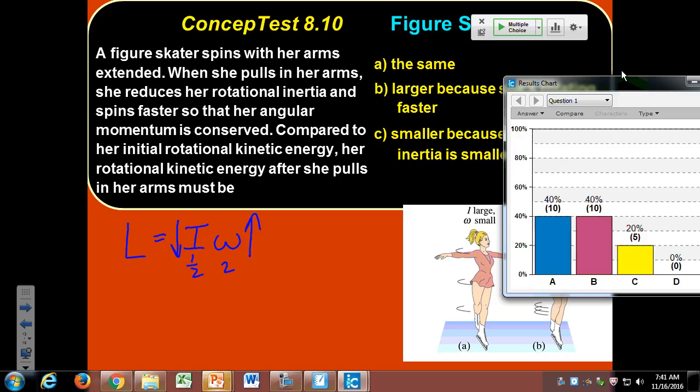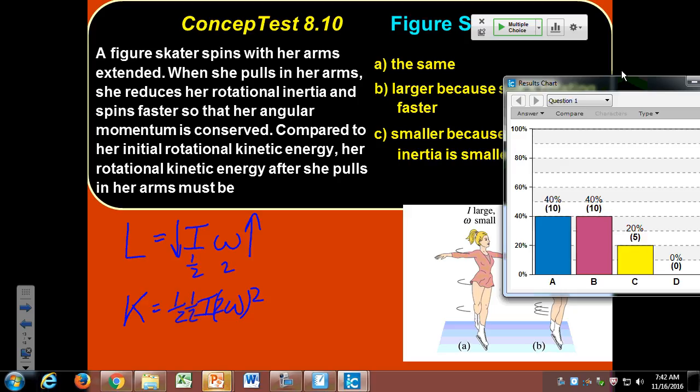And then our rotational kinetic energy is 1 half I omega squared. Now notice, if I goes down by a factor of a half, then omega goes up by a factor of 2. But which of those is going to dominate in the kinetic energy? Is the kinetic energy going to increase or decrease?